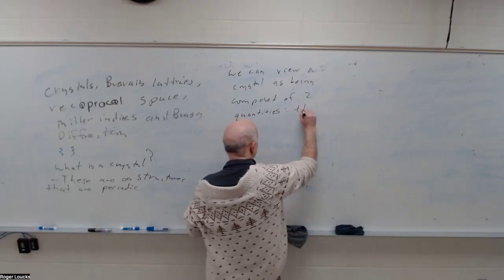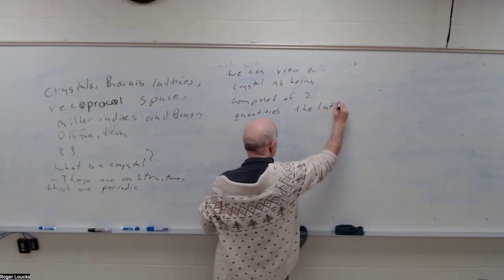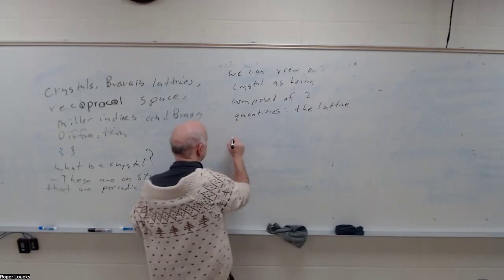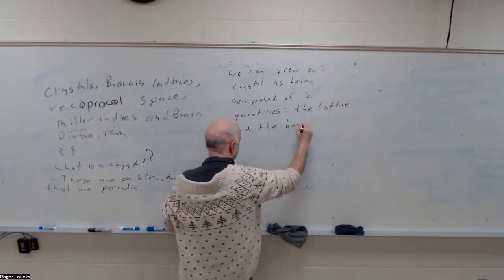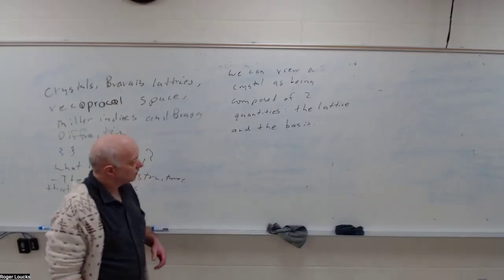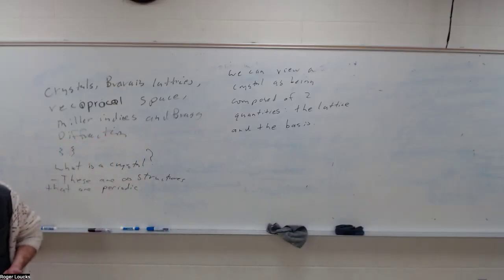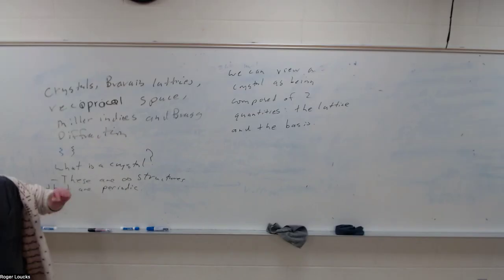The lattice and the basis. And again, you probably know what these words are, but I'll set these up. So let's start off with the lattice here. The lattice is going to be the part that's periodic.